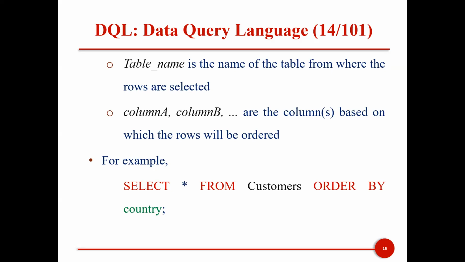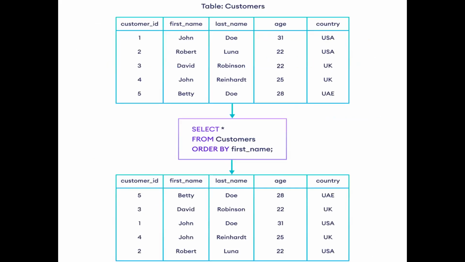Or you can decide to say that let it sort in the descending order. Then it will begin with those starting from Z, then it goes up to N. You can see a simple example here that selects all the columns and rows from the table called customers, and then order by first name. You can see here that the customer ID is now not arranged systematically, because the sorting is based on the first name.